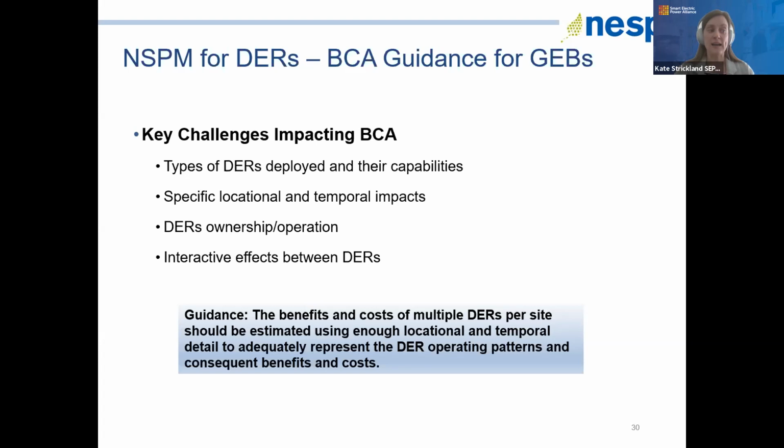For instance, if we think about a GEB providing demand flexibility, that ability to adjust loads and provide local capacity savings could certainly result in locational benefits being higher. Or the temporal value and impacts at play have significant impacts for GEBs. And I'm going to dive a little bit deeper into this with our illustrative GEB case study example.